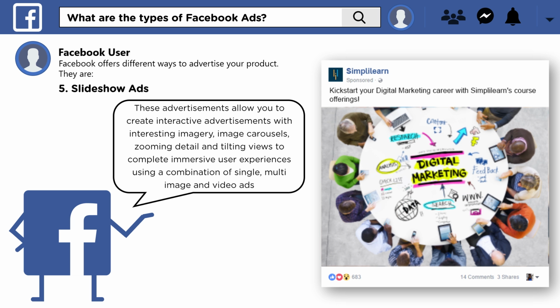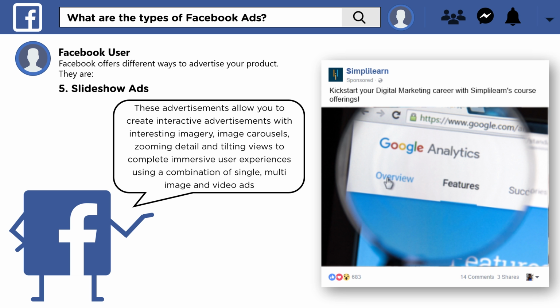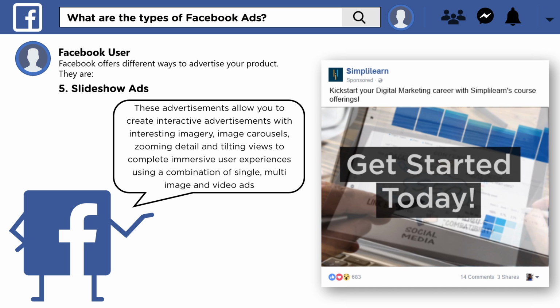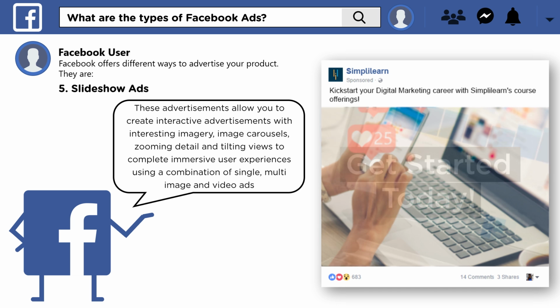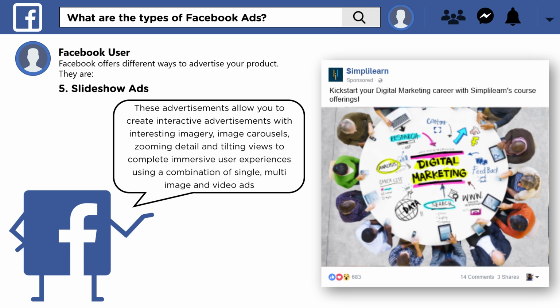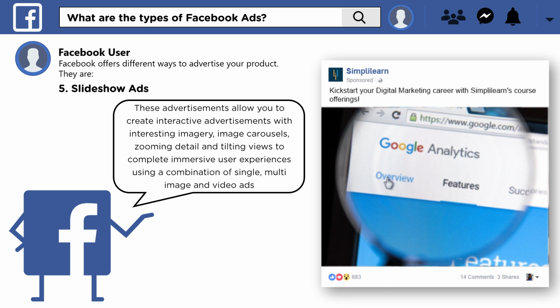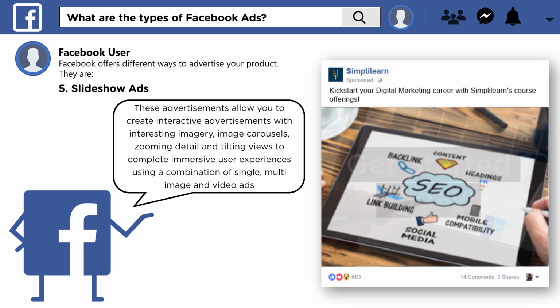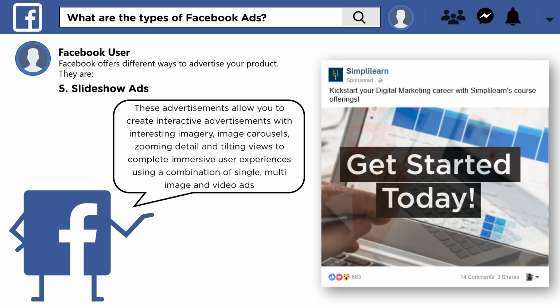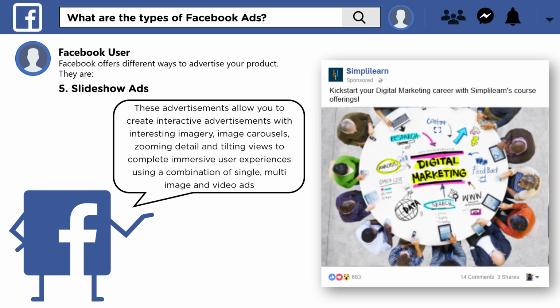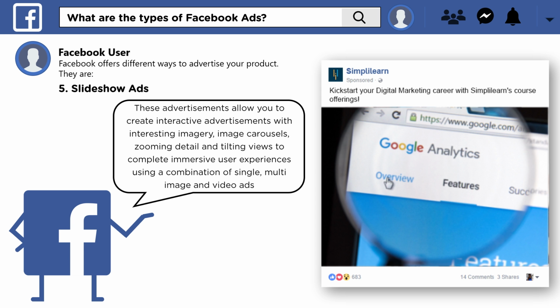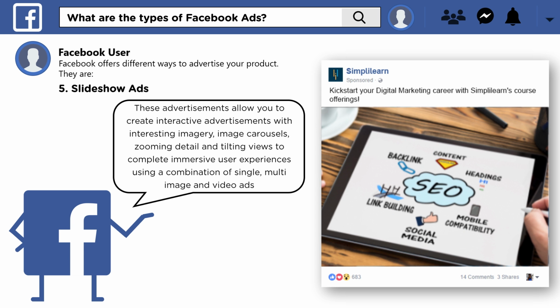They're showcasing their different classes, and then they have the Get Started Today call to action to really punctuate the slideshow ad. What's interesting is you can really gauge a person's interest by throwing different products or images out there. You can really immerse a user's experience here by showing different images.